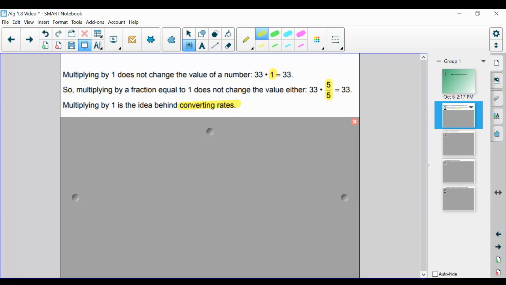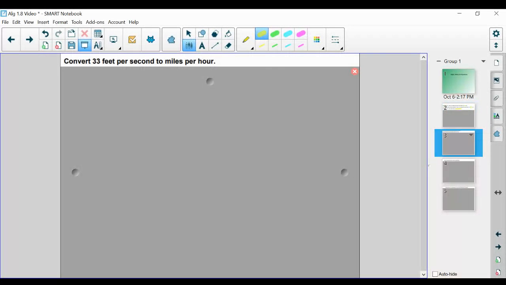And today we're going to be talking about how to convert those rates to get a specific rate that we're looking for. So for example, if we had miles per hour, but we wanted feet per second, we're going to be talking about how to simplify and work out those rates into what we're looking for using this idea that we can multiply by 1 and not change the overall value.